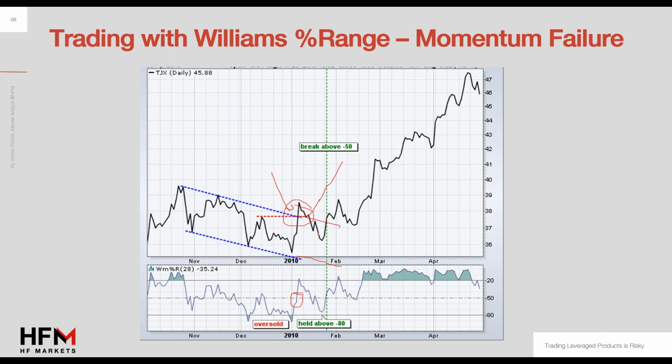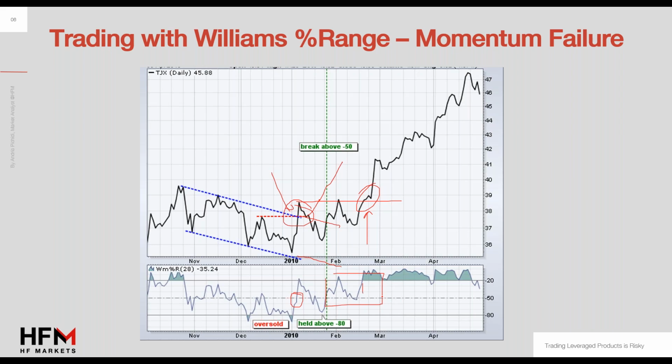The confirmation that we have a new uptrend came a lot of sessions afterwards, and more precisely here. As soon as we had not only a move away from the down channel, but also a break of the previous double top, in combination with the indicator performing above the -50 until it managed to cross above the -20 as well.